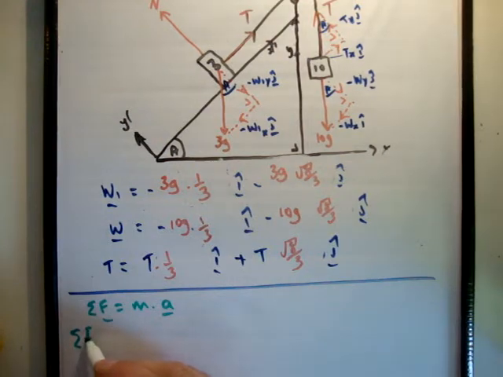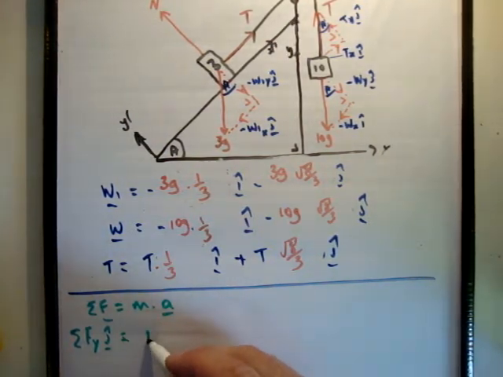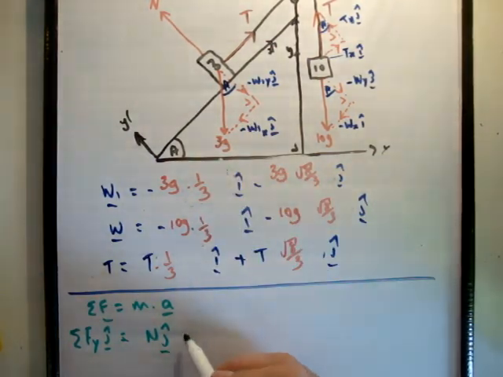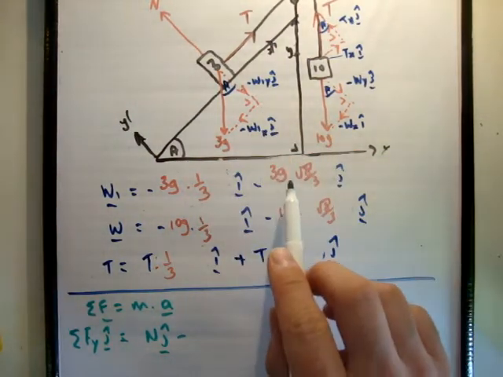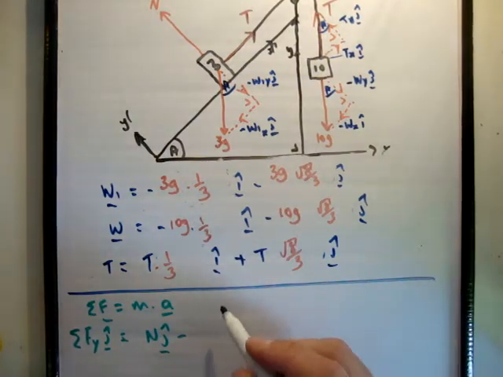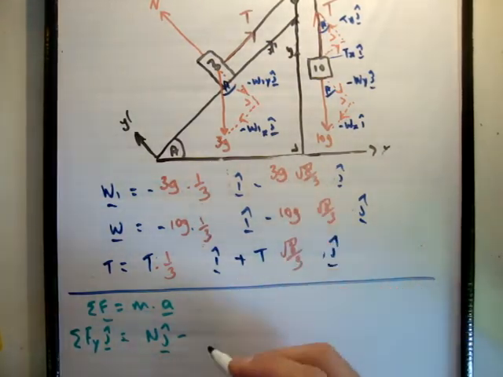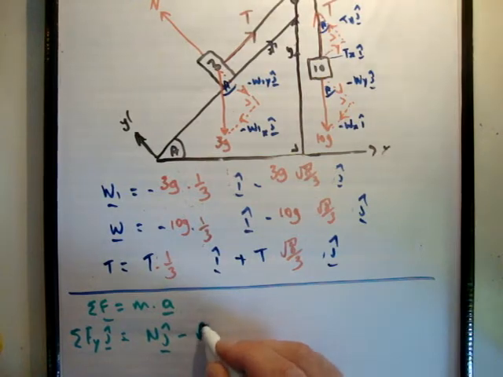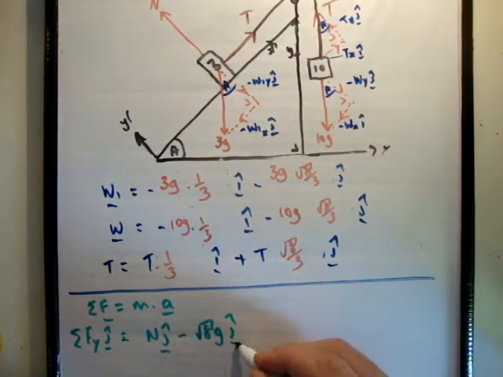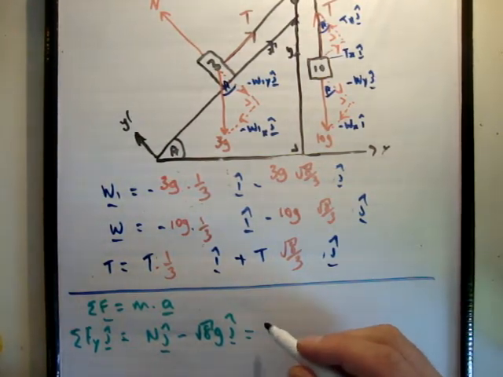The sum of the forces in the y direction is equal to n j hat, and we need to take away from that w1 sub y j hat, which was here, so that's equal to root 8 g j hat. That's equal to the mass, which was 3, times its acceleration.